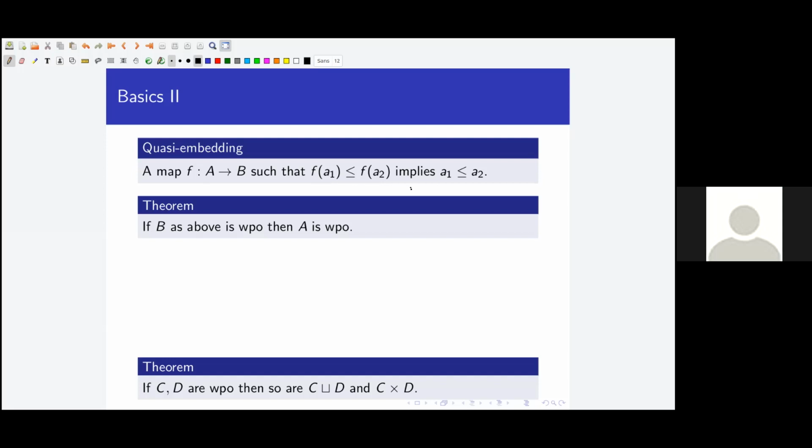And I'll just emphasize that it's actually not the direction you're most likely to expect, it's the other way, from the image to the domain. But it's sort of half the conditions of an embedding.